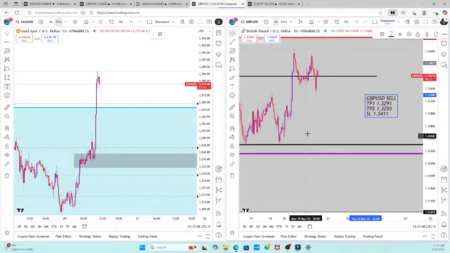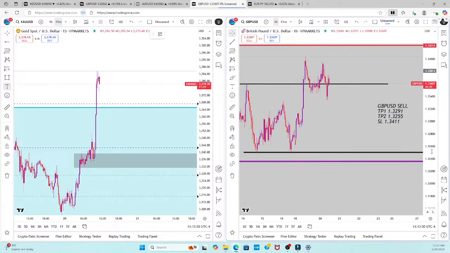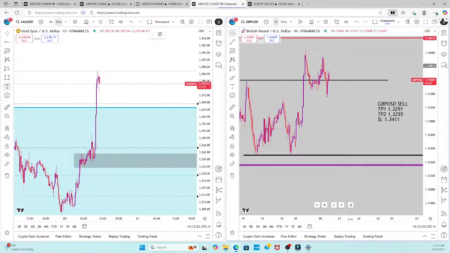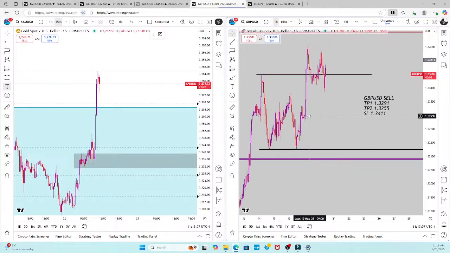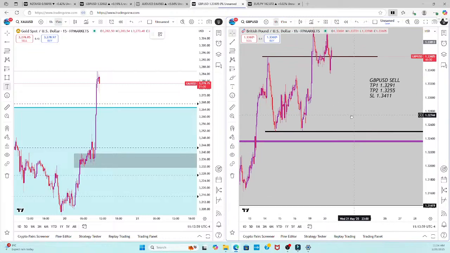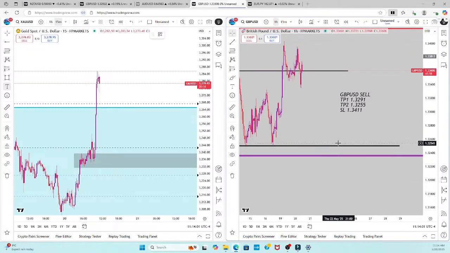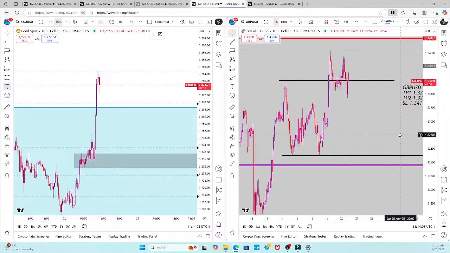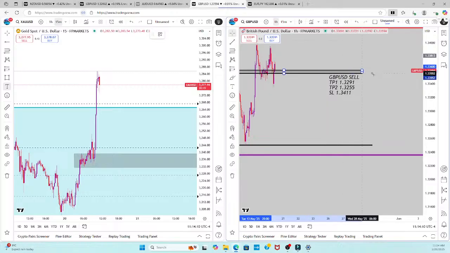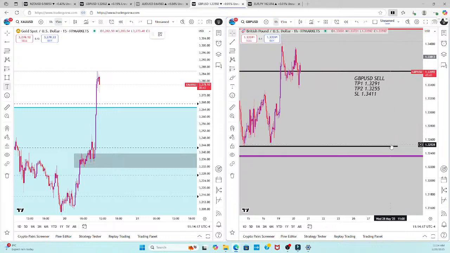If you're looking for a buy on GBPUSD, the best area to enter a buy right now would be down here around 1.3254. If the price comes down to that level, that would be the best area to look for a buy, around 1.3257.